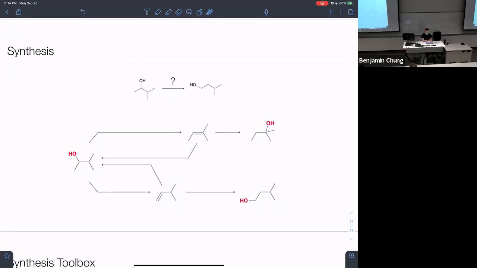Where would we put a double bond that can allow us to transfer the location of the OH? Carbons 1 and 2, I think, to the left. Yeah, so these two carbons here. So we can go through an intermediate like that to get to the desired product.